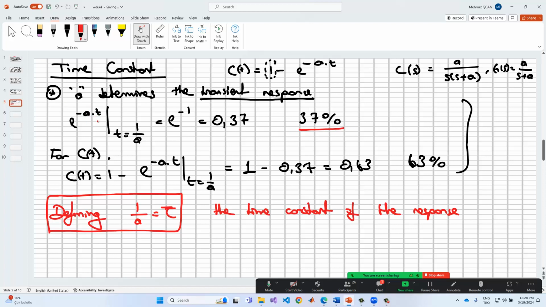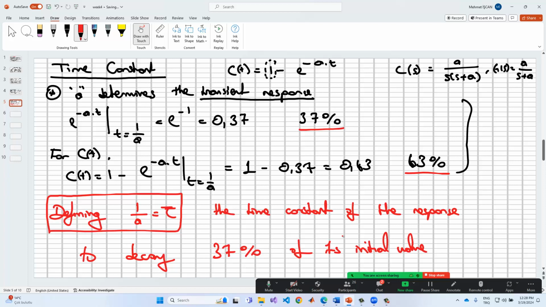If we choose this 37% ratio, c(t) is built with the 63% ratio, and we can define this term to decay to 37% of its initial value.